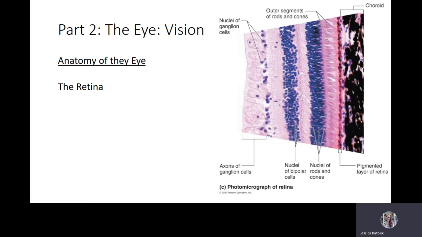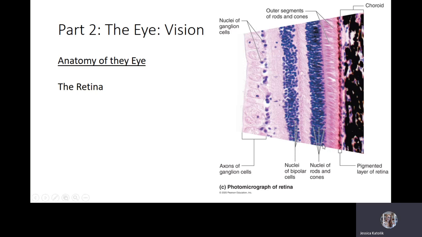Here is what the retina would look like under a light microscope. Here you can see the choroid over here. This is the area that is rich with blood vessels. And here we have the pigmented layer, with the melanin in the retina that is preventing the scattering of light.